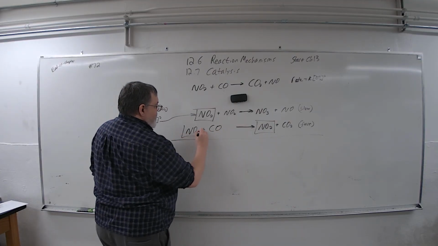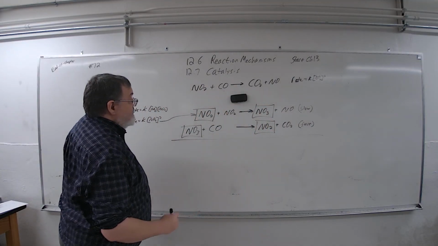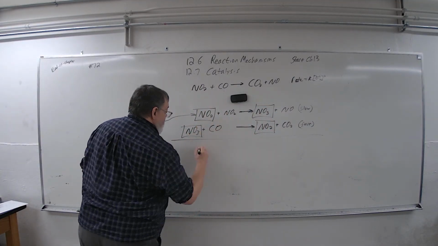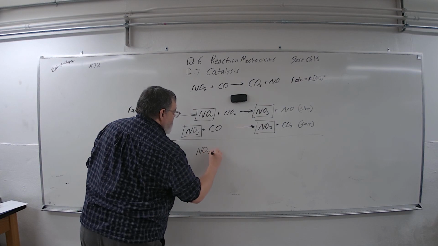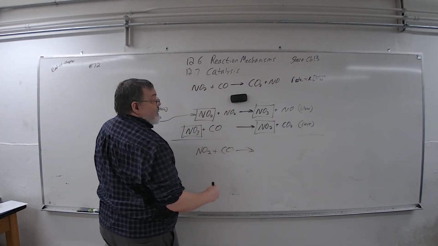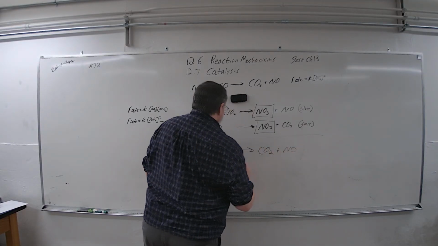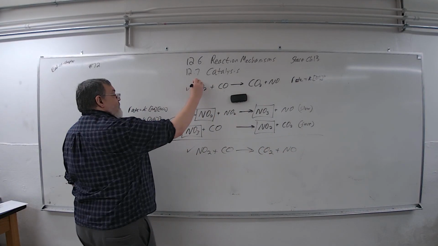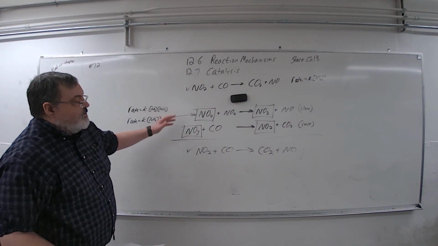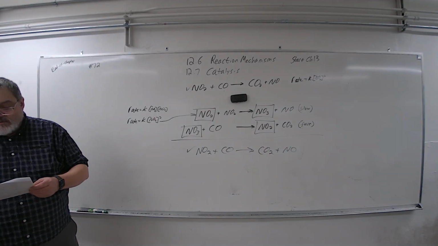There is an NO3 there, so we bring everything down. We've got an NO2, got a CO. Here I've got CO2, NO, and yeah. These two steps do add up to be this overall equation. That's all we'll do with this mechanism stuff.